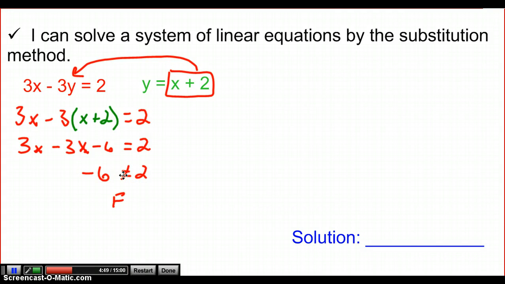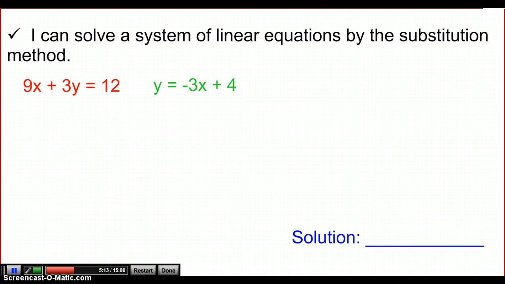So if you recall in past scenarios when solving equations that lead to a non-true statement in the end, we have a solution of no solution. If you were to graph these two lines on the coordinate plane, you would end up with a set of parallel lines that do not intersect.